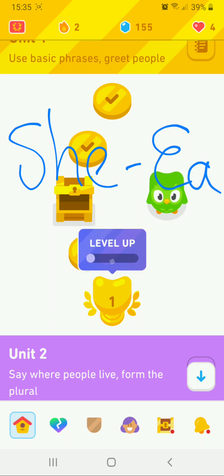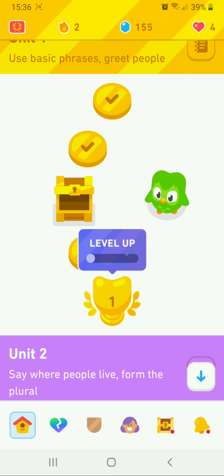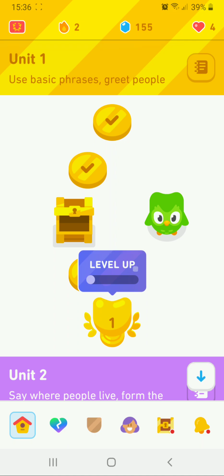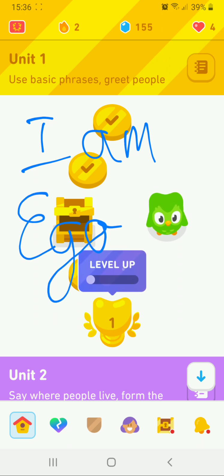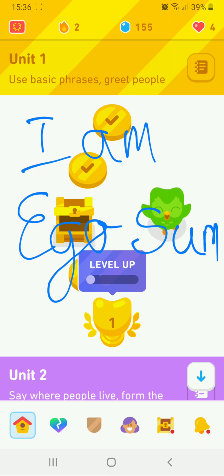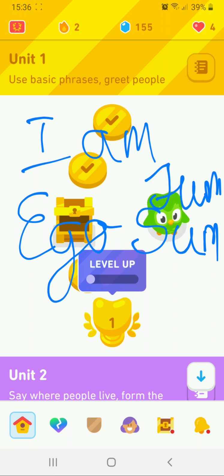So this is what we know. And what we also know is that I am would be ego sum. Ego sum. But I guess you got the idea.